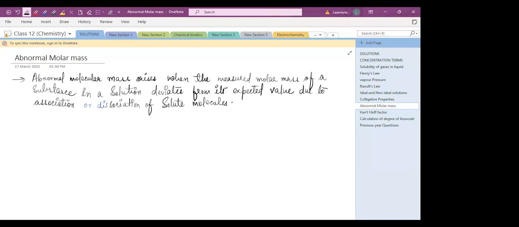Why does it happen? Due to the association and dissociation of the molecules in the solution. So this observed molecular mass is known as abnormal molecular mass or abnormal molar mass, and it is basically an experimentally determined molar mass.